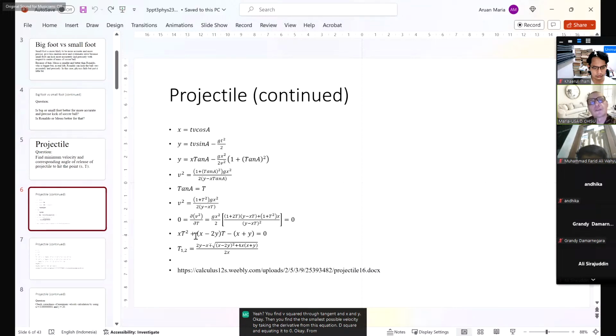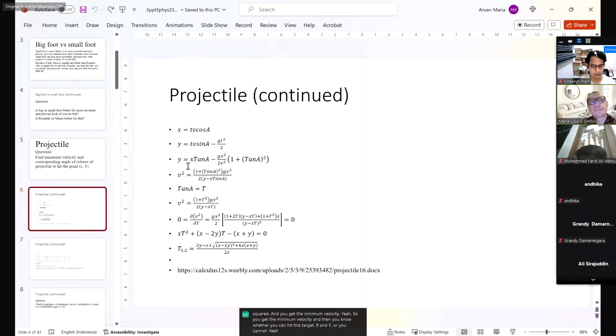From here, you will get the corresponding angle t. And when you calculate angle t, you plug this angle into this equation for v squared, and you get the minimum velocity. So you get the minimum velocity, and then you know whether you can hit this target x and y, or you cannot.